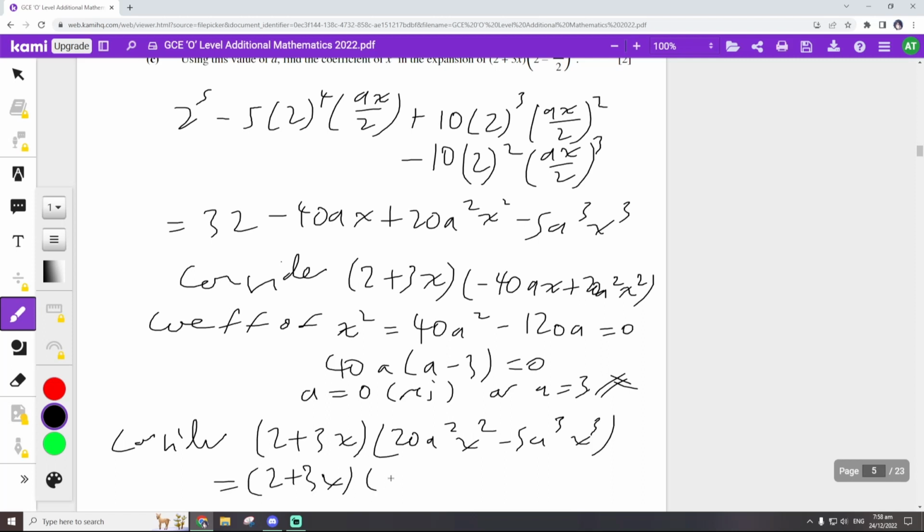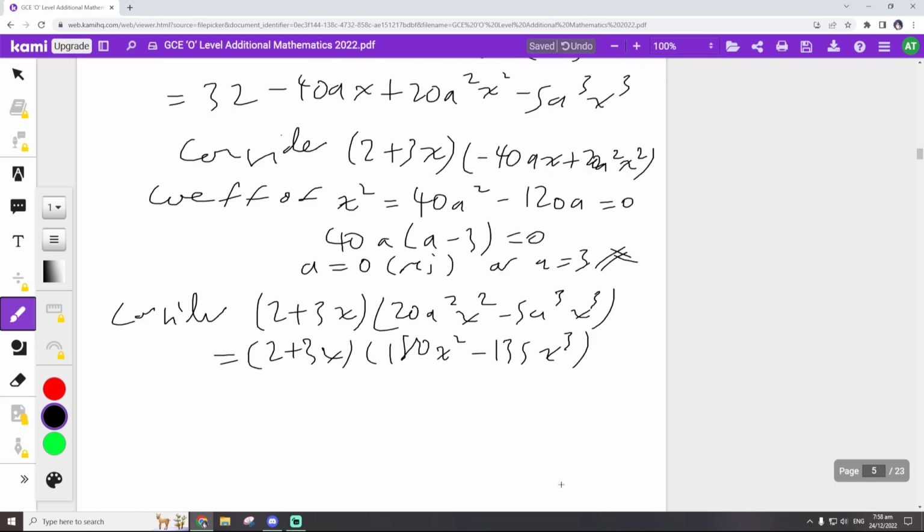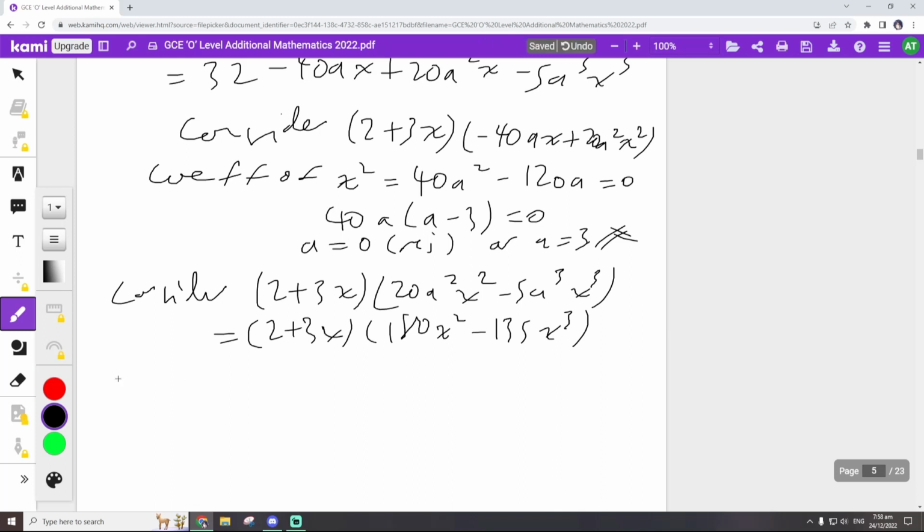Substitute a equals 3, so you get 180x squared minus 135x cubed. The coefficient of x cubed equals 540 minus 270, which is 270. Okay?